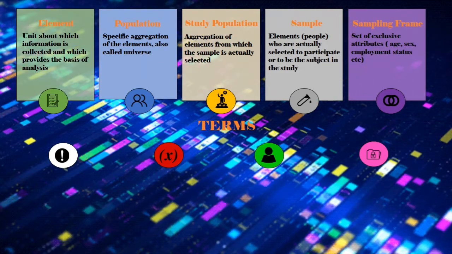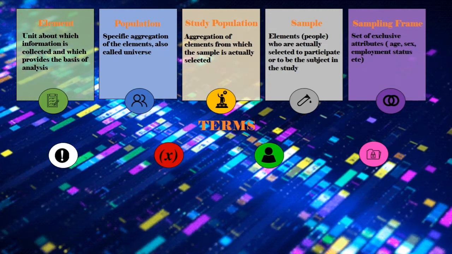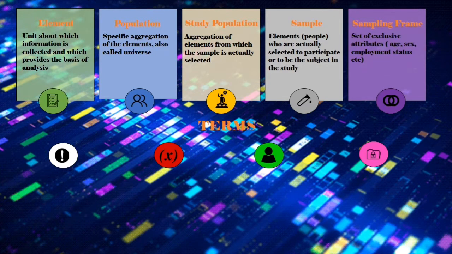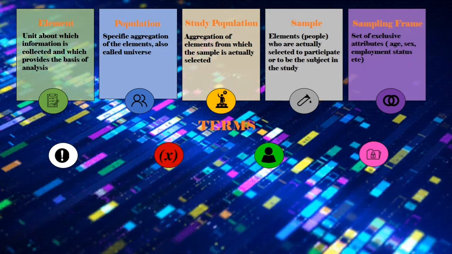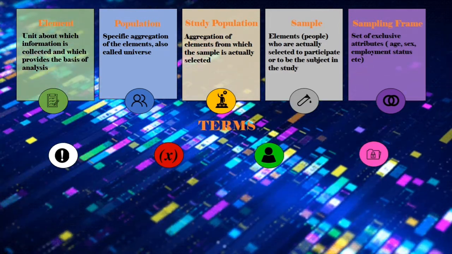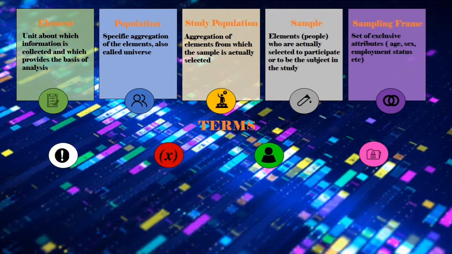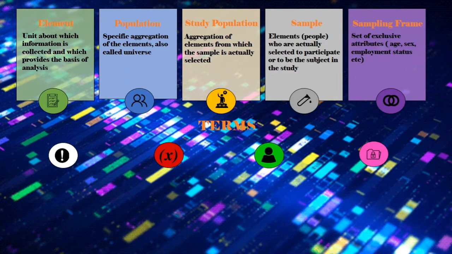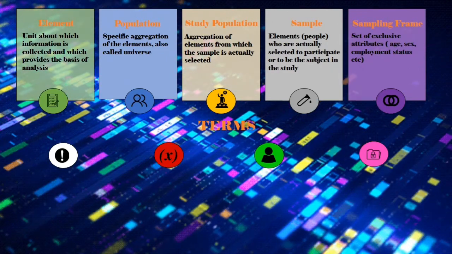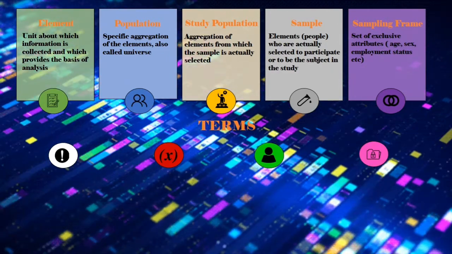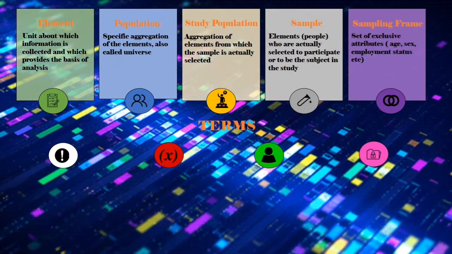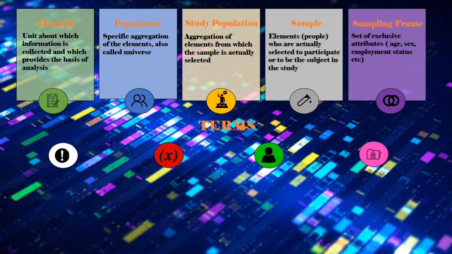This can be a list of all those within a population who can be sampled and may include individuals, households, or institutions. So it depends upon what population you're going to get your sample from. It might be individuals or households or institutions.